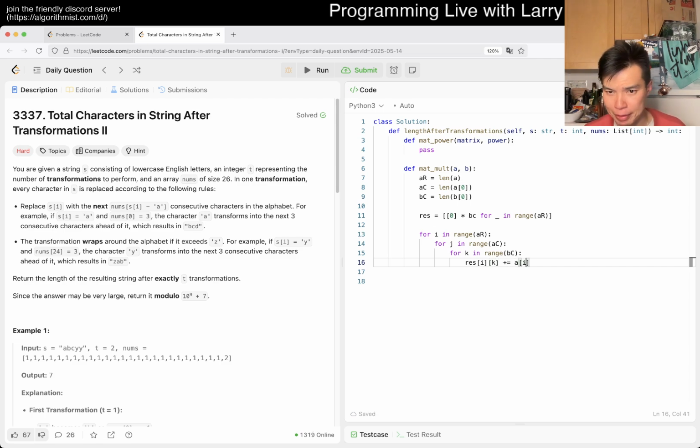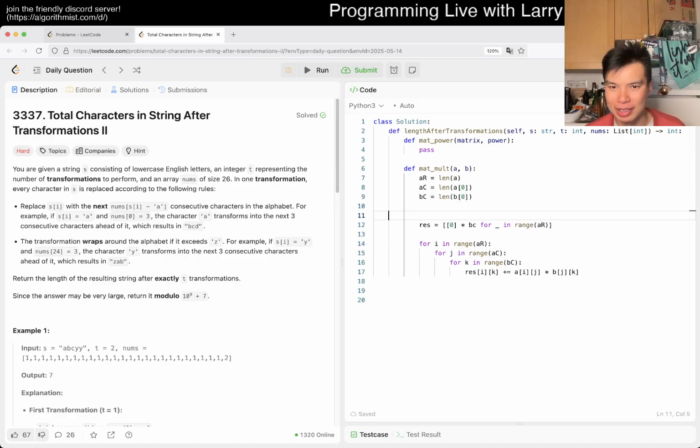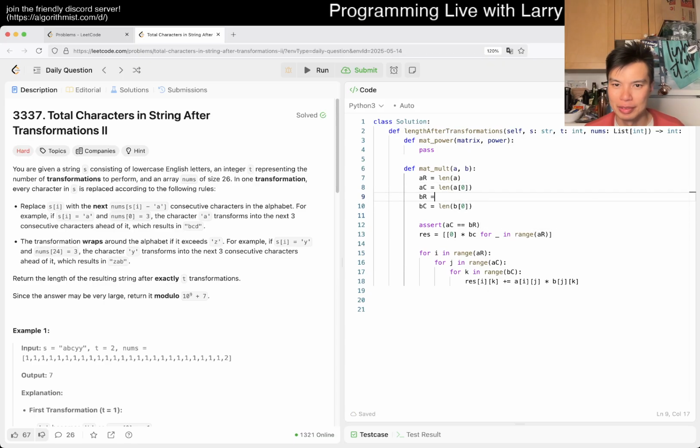And of course, I guess technically you have to assert that AC is equal to BR, but that only matters if you set up the problem incorrectly, at least for this problem.